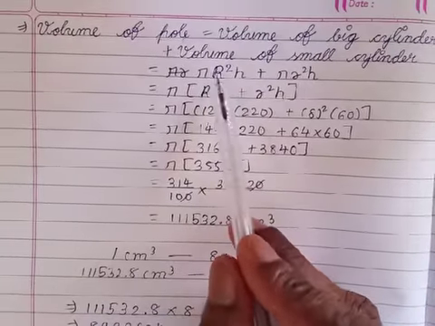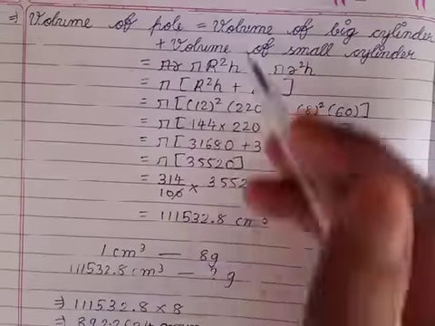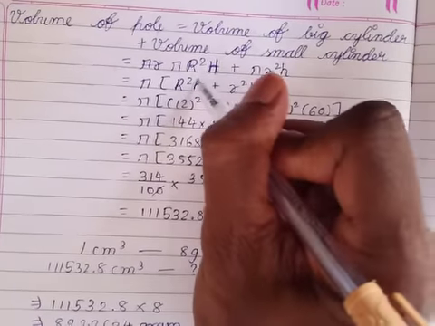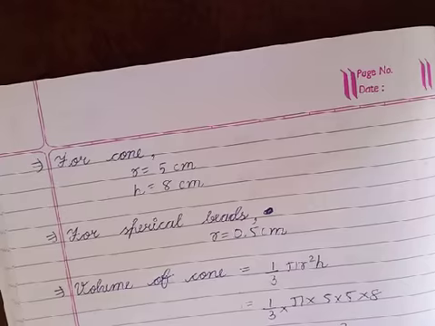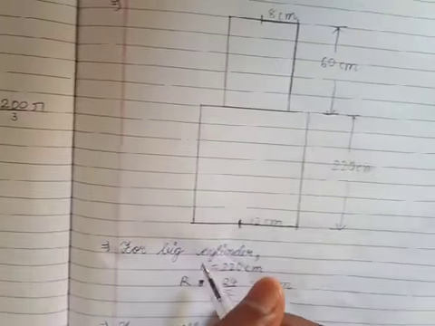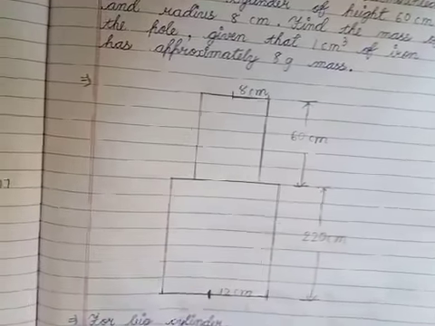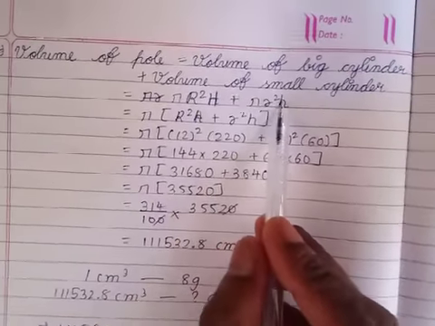So pi r square H, it should be capital H and capital R there, plus pi r square small h.